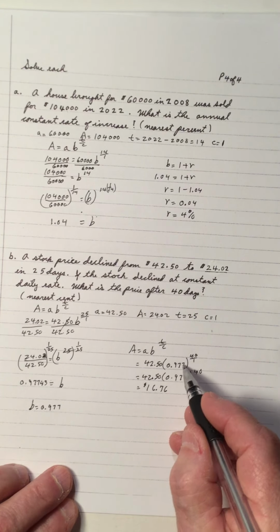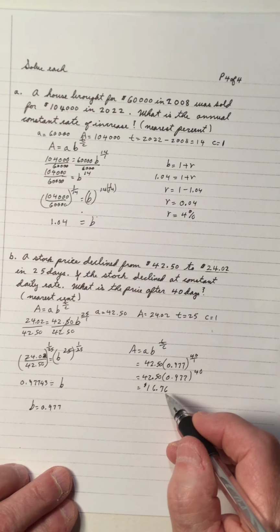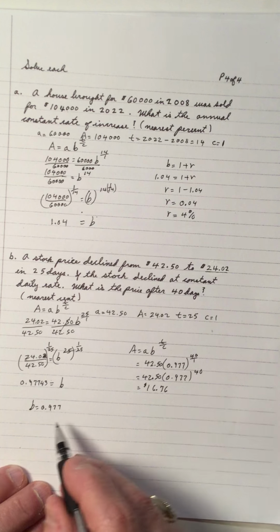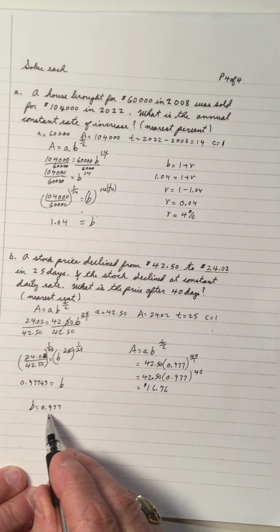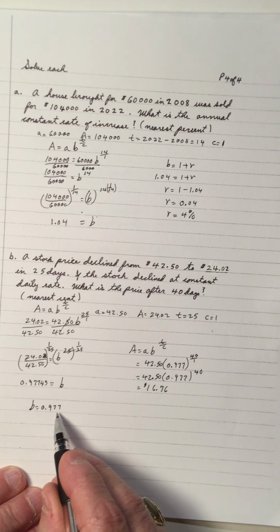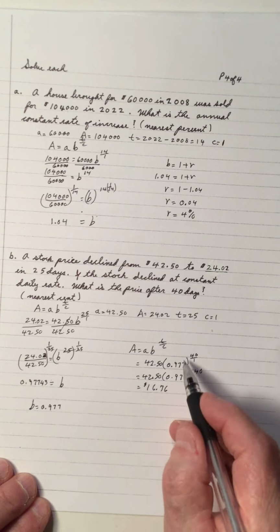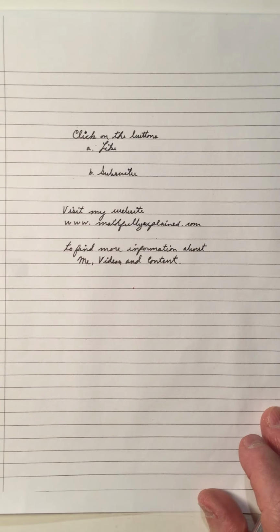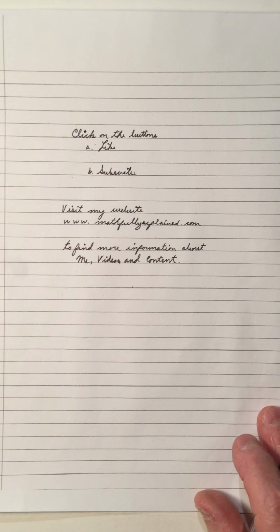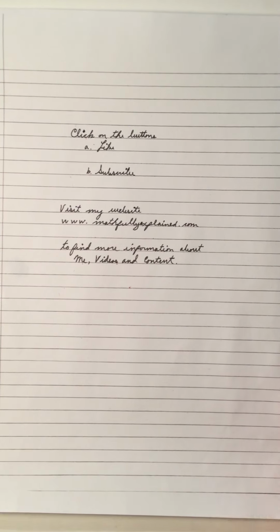I didn't need to find what the actual rate was, because the rate would have been the difference from 1, which is 0.023, but I didn't need that because this is the base I put back in here to work it out for 40 days. So there's a few extra problems on finding the rate, which you also do. So we've done many different types of problems, just variations of the different types.